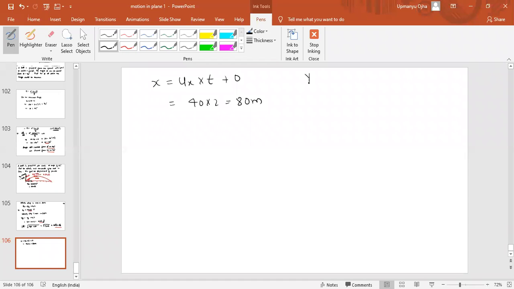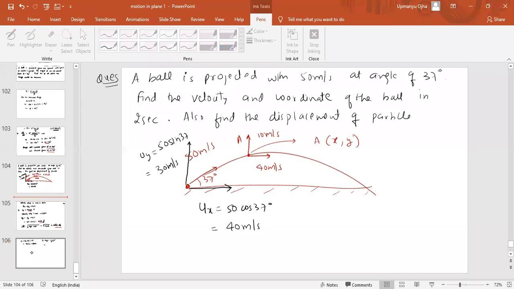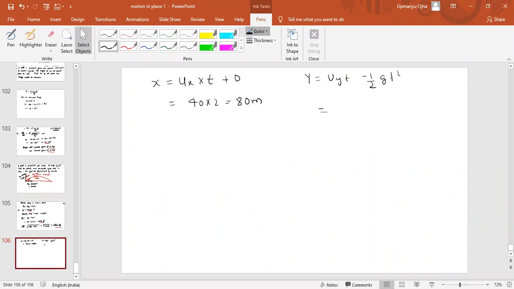For y, that would be Uy t minus half g t square. Uy is 30, so 30 into 2 minus half into 10 into 2 square. This will come as 60 minus 20, which means 40 meter. Along x it is 80 meter, along y it is 40.